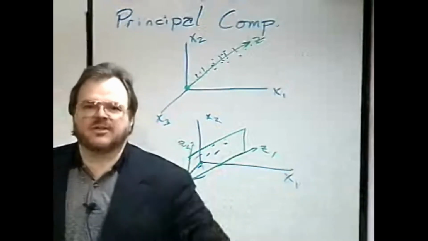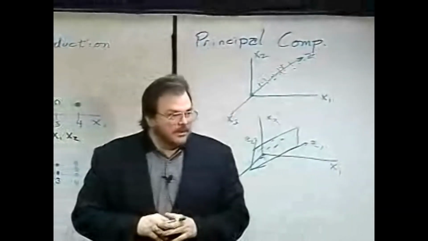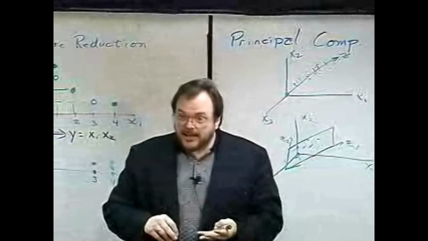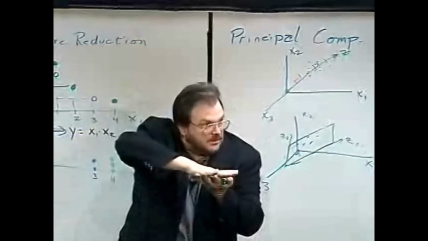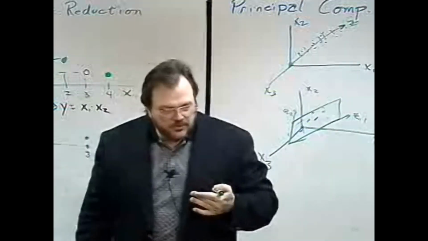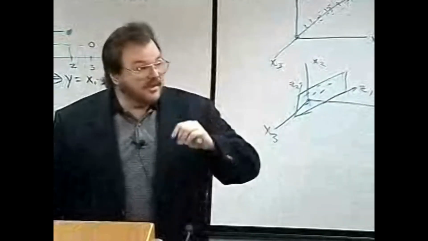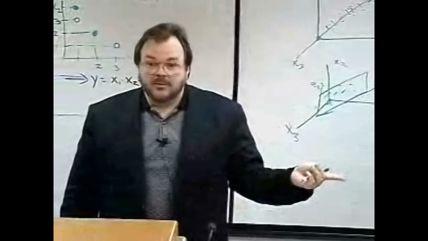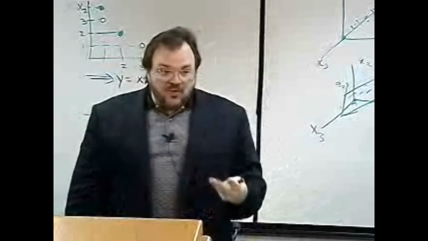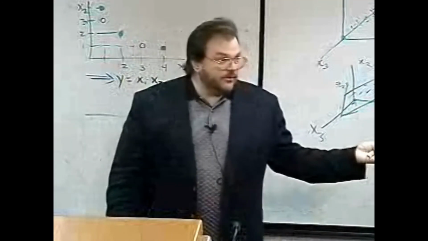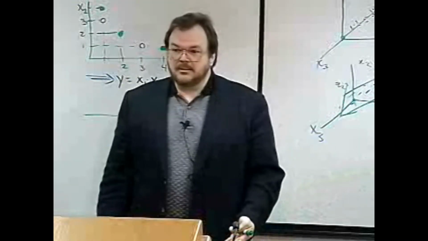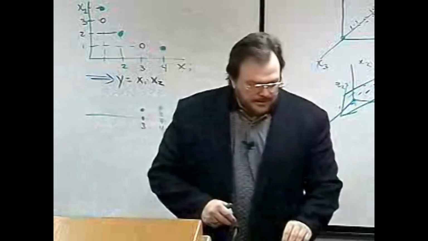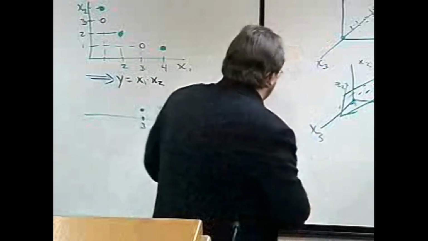What happens if the data basically lies on a plane? If the data basically lies on that plane, then that ellipse is really flat in one of the dimensions. So what we're going to do is look at that ellipsoid and see if it is flat in one or more dimensions. If it is flat in one or more dimensions, that means that we can remove that dimension essentially. And we do this as follows.